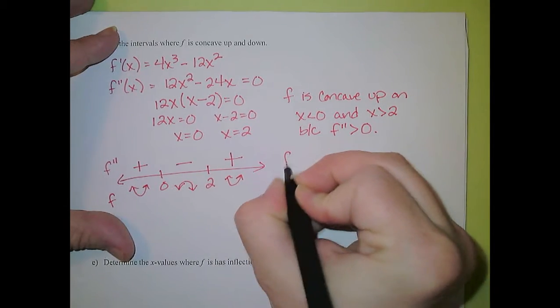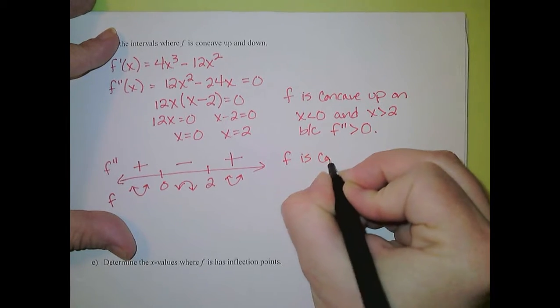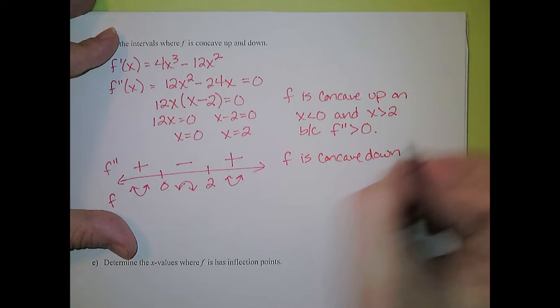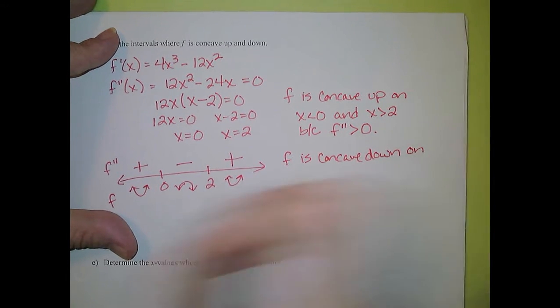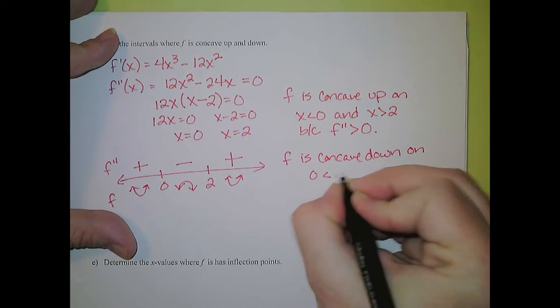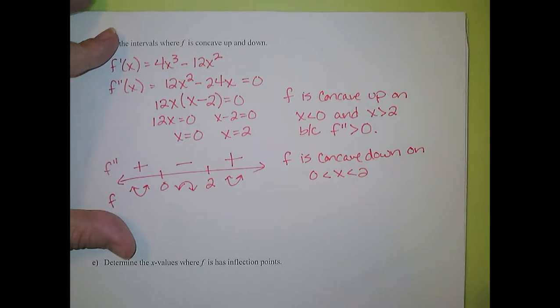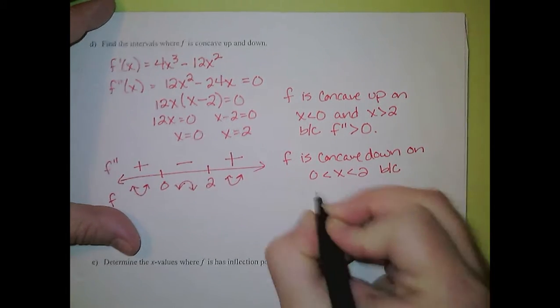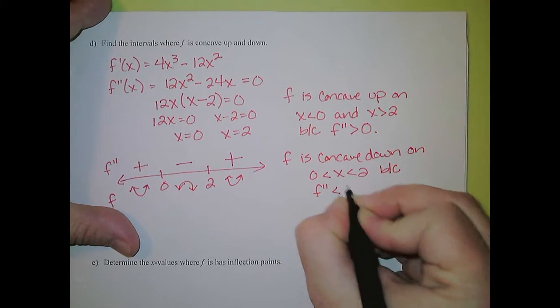We can say that f is concave down in between 0 and 2. And we know that because this is where the second derivative is negative, or less than 0.